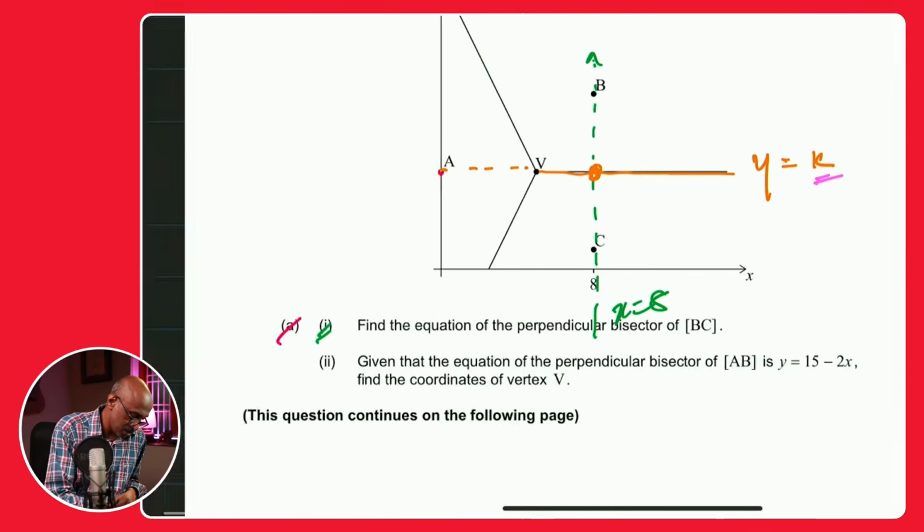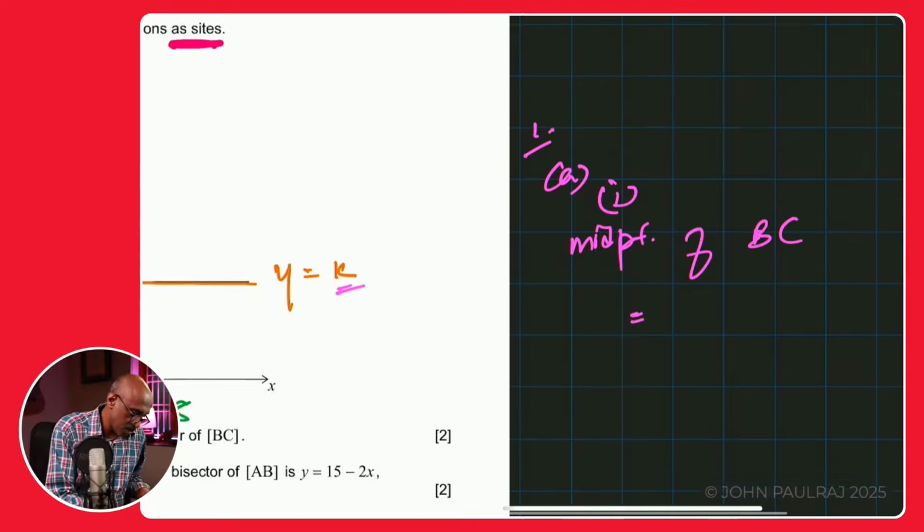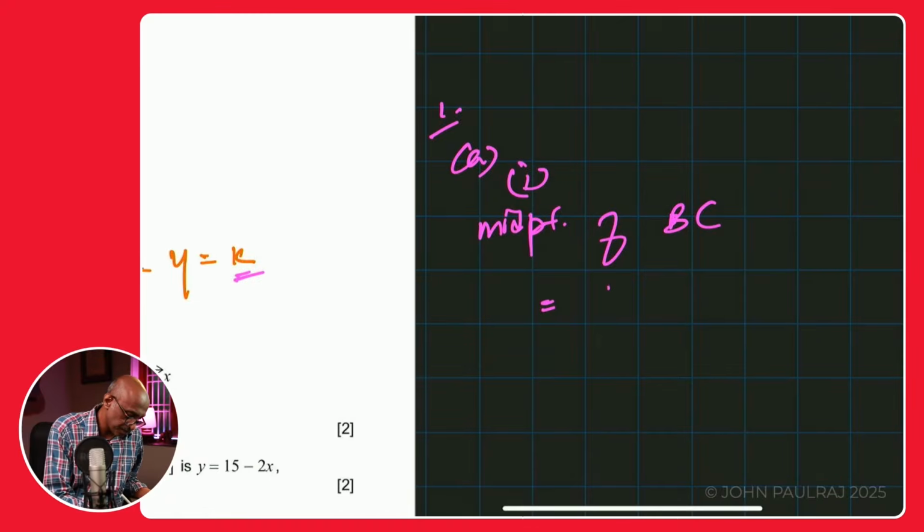So let's do this question here. This is 1a, part 1, and we can write the midpoint of BC. With the coordinates given to us, this is 8 plus 8 over 2, that's just 8, and 9 plus 1 divided by 2.